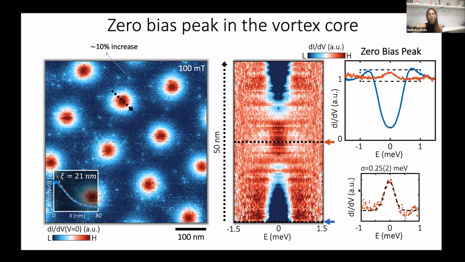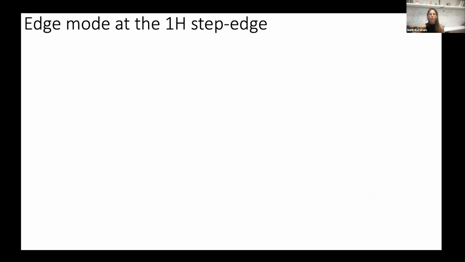So this could be a first signature for the topological, but it's by itself not enough to indicate topological superconductivity. So the next thing we did is we went to examine what happened on the boundary of the 1H stepped termination with the aim to look for boundary modes.